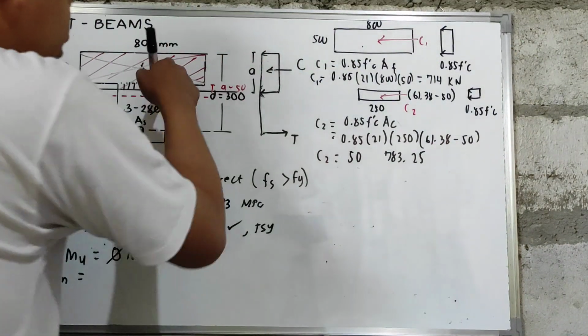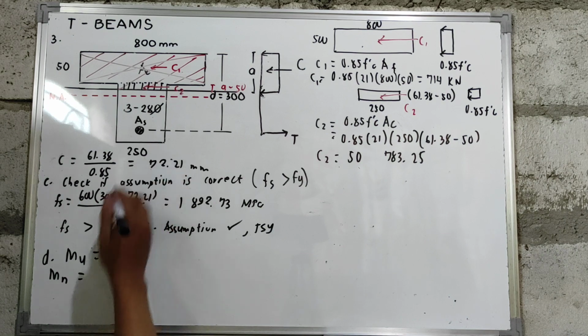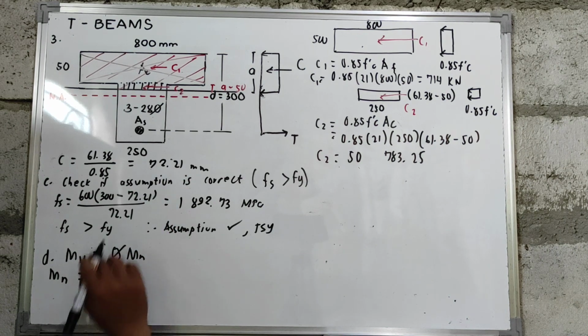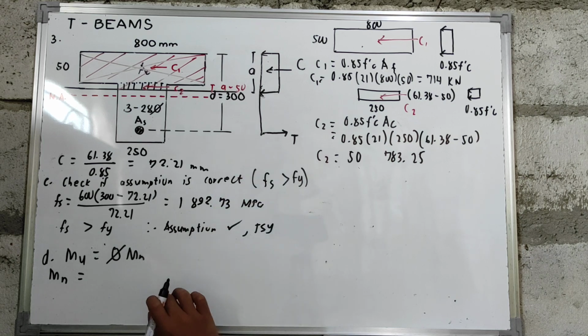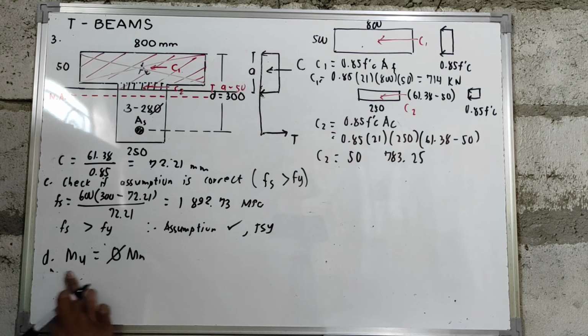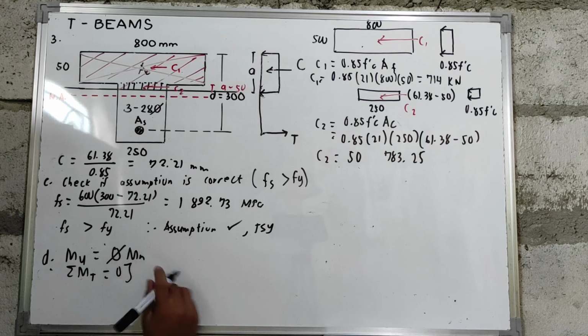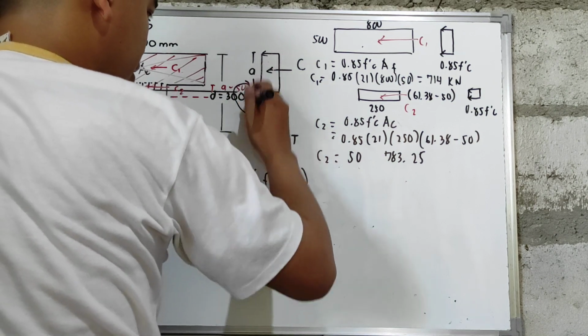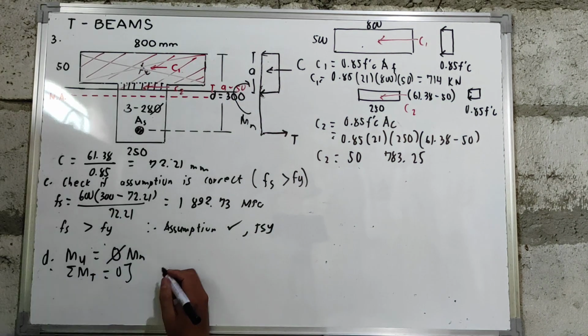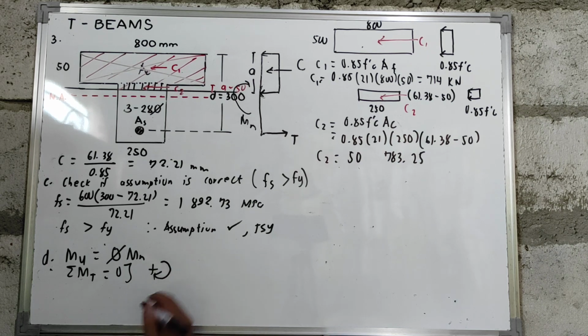So, unahin muna natin si C1. So, moment tayo dito sa T natin. Okay? So, moment tayo sa T, mangyayari nga is you will have summation moment. So, lagi tayo nagmo-moment sa tension na lang, no? To play it safe. So, meron tayo ditong nominal moment. So, mangyayari niyan is, let's say na yung clockwise is positive.